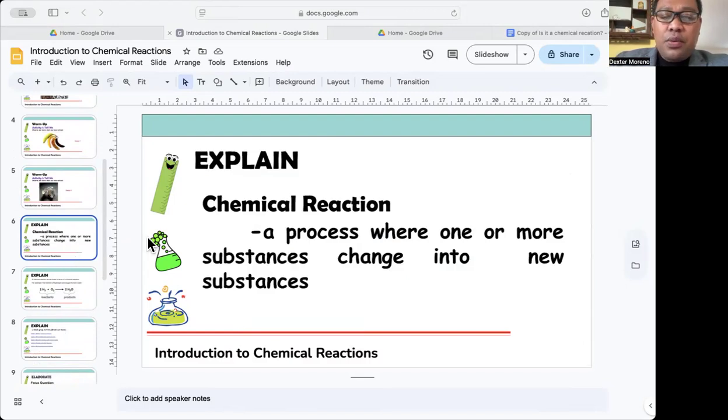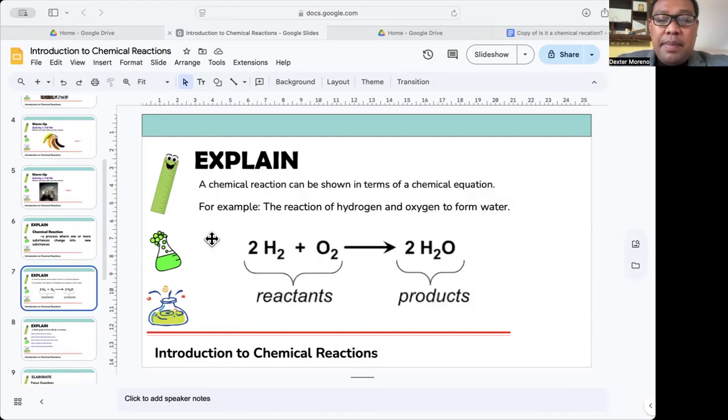And when we say chemical reaction, this is a process where one or more substances change into new substances. That means there is a formation of a new product. And a chemical reaction can be shown in terms of a chemical equation. So let's take an example, the reaction of hydrogen and oxygen to form water. So again, this is a chemical equation.